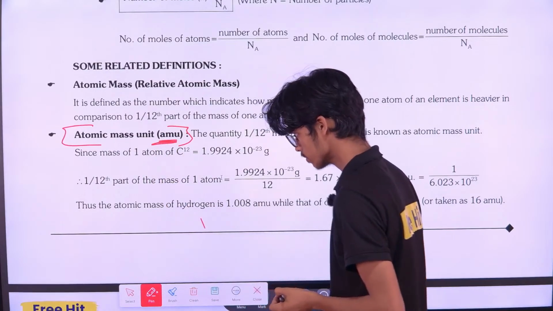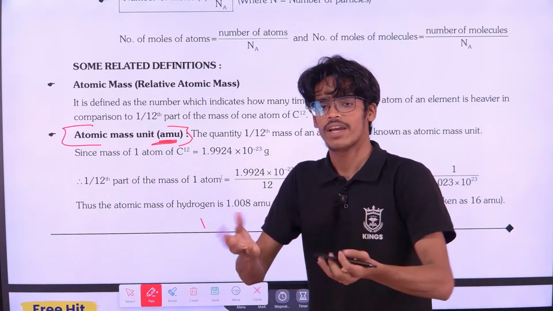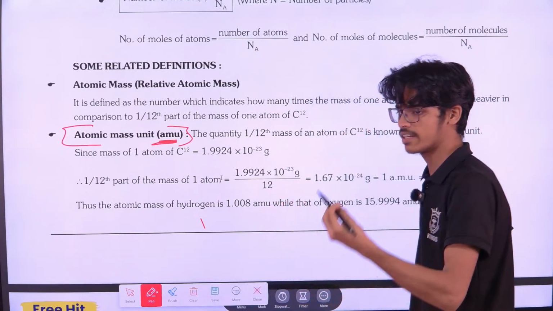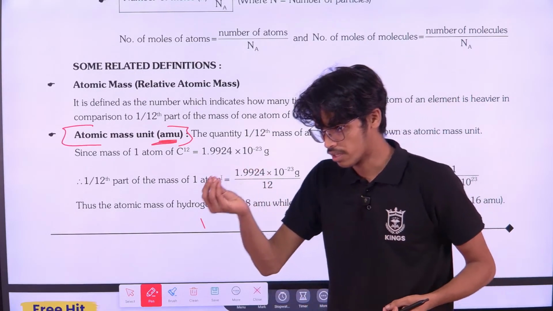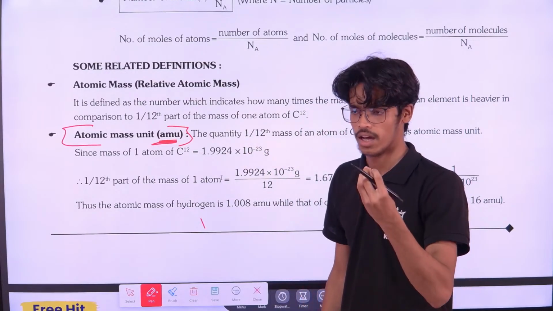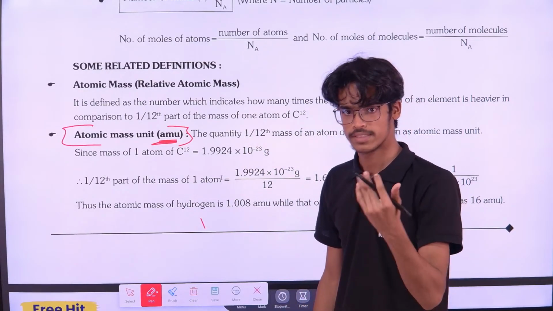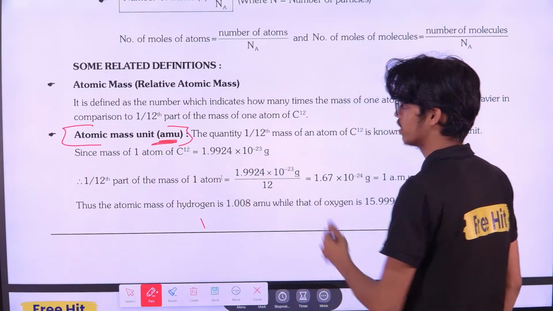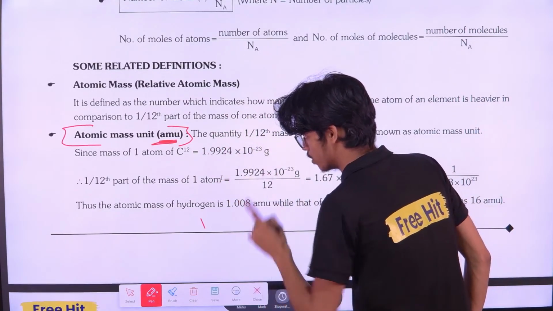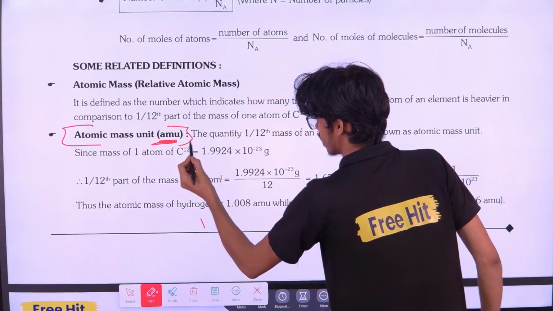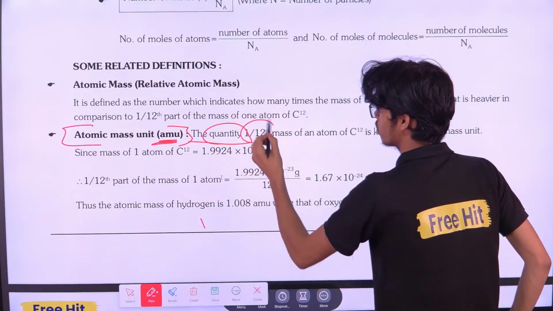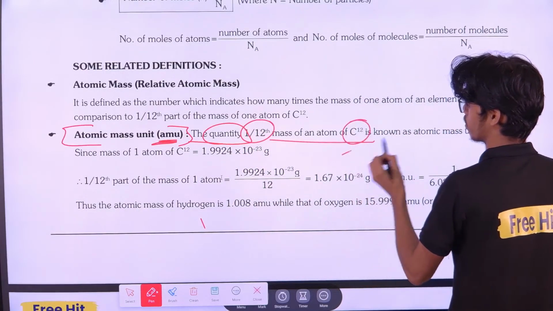Now, how can you define this unit? Just like there is a definition for the meter, there is a definition for the second. Same way, there should be a definition for atomic mass unit. It represents the quantity of mass which is 1/12 part of one carbon-12 atom.